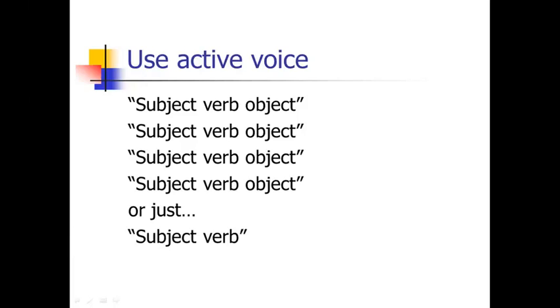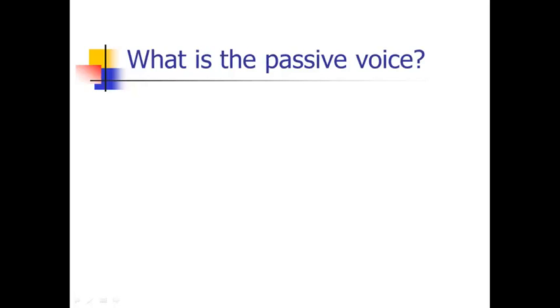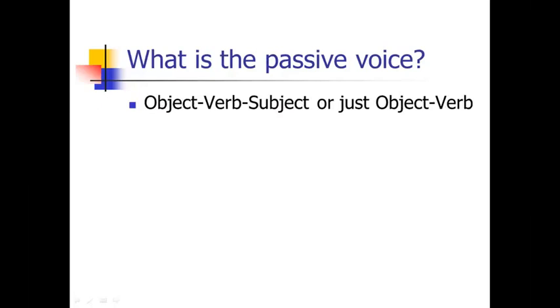All right, so contrast that to the passive voice. What does the passive voice look like? The passive voice inverts that structure. It goes object, verb, subject, or sometimes just object, verb, and the subject is completely removed from the sentence. And you can see it's a very awkward way to talk.